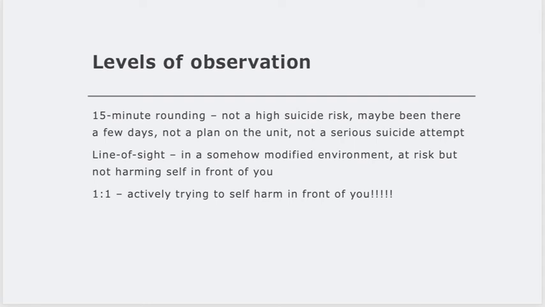When a patient is on line of sight or on 1-to-1, it is going to mean that the staff members have to accompany them everywhere, whether to the shower or the bathroom or anywhere, because we have to make certain that they don't self-harm. 15 minutes, on the other hand, is going to be somebody going around and checking on them every 15 minutes to make sure that they're doing okay.